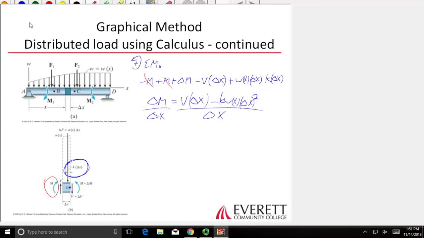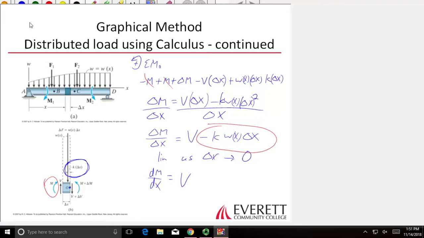And we end up with change in moment over change in x is equal to shear minus k wx delta x. Now we're going to take the limit as delta x approaches 0. As delta x approaches 0, delta m over delta x becomes dm dx, the instantaneous slope of moment. On the other side, shear doesn't change, but what happens to this term?